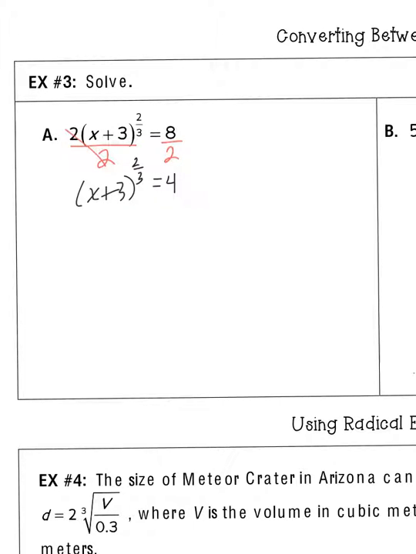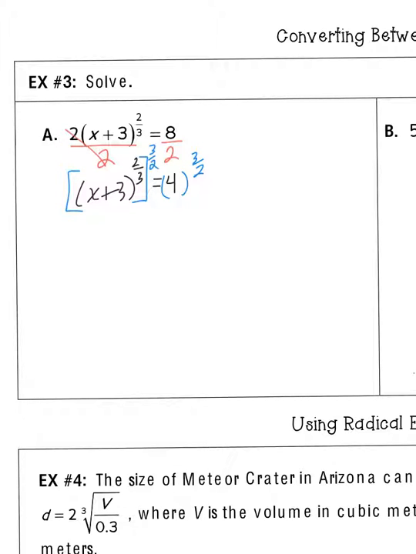Remember, power to power means we multiply exponents. So I'm going to raise it to the reciprocal of 2/3, which is 3/2. You're going to end up multiplying these exponents and they will become 1, and you'll just be left with one of these. What we do to one side, we have to do to the other side.